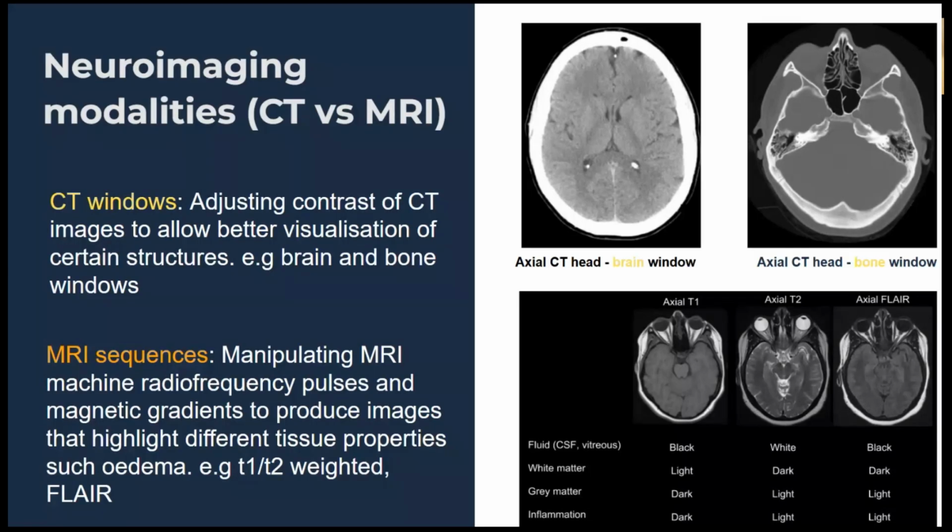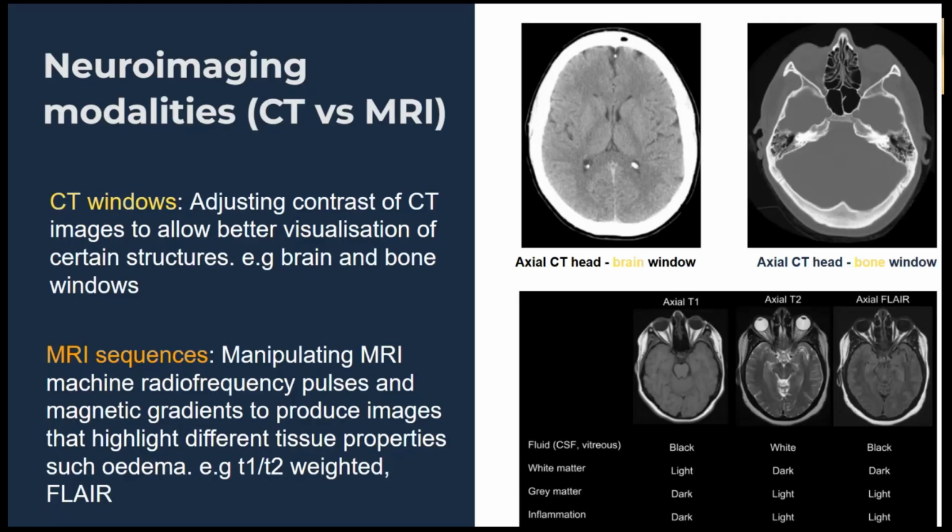On the bottom, you've got the MRI sequences, where you manipulate the MRI frequency pulses and the magnetic gradients to produce different images. That can highlight different properties like edema. You've got the different types: T1, T2, and FLAIR. T1 is good for showing anatomy, and that's where fat is bright and water is dark.